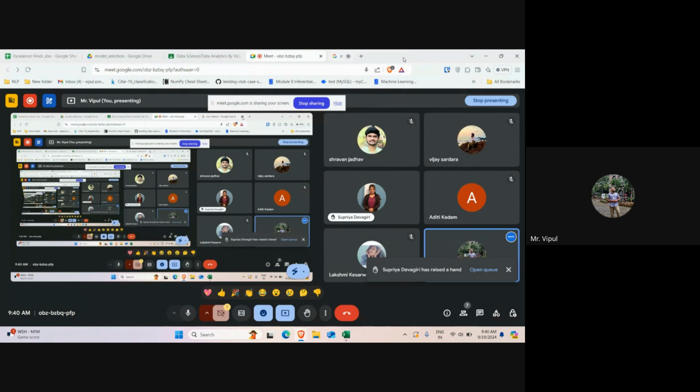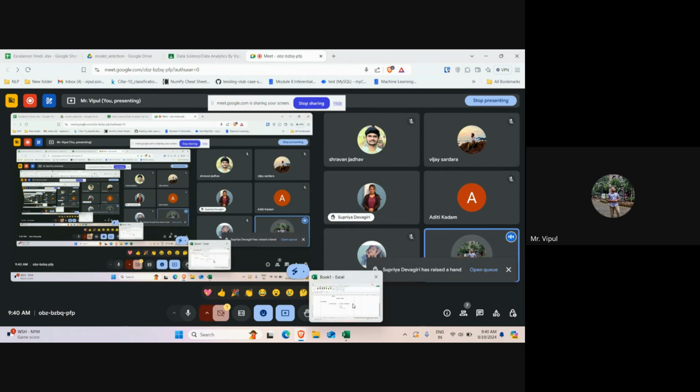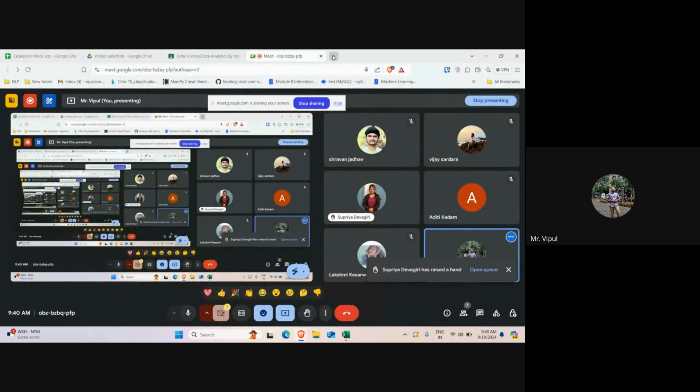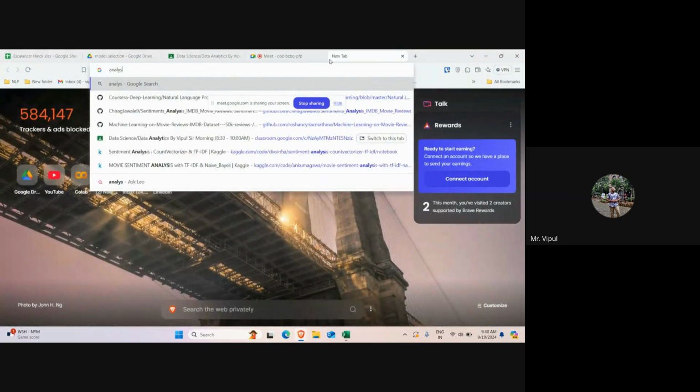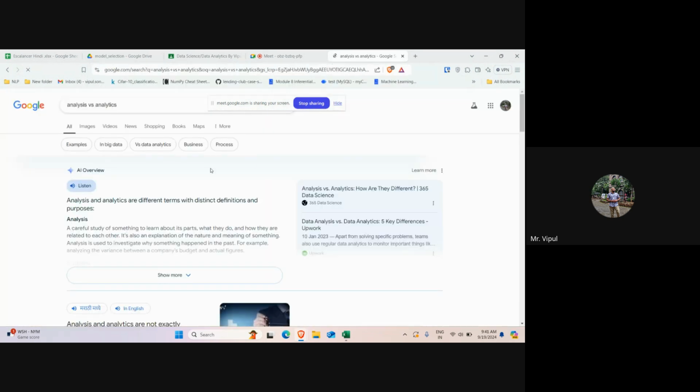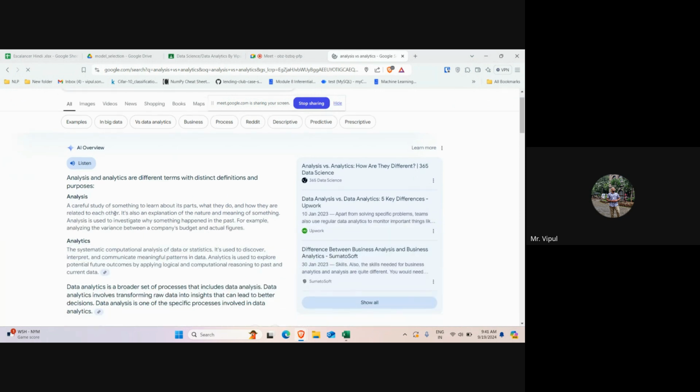Yes, Supriya. What is the difference between analysis and analytics? Analysis is a careful study of something to learn about its parts, what they do, and how they are related to each other.